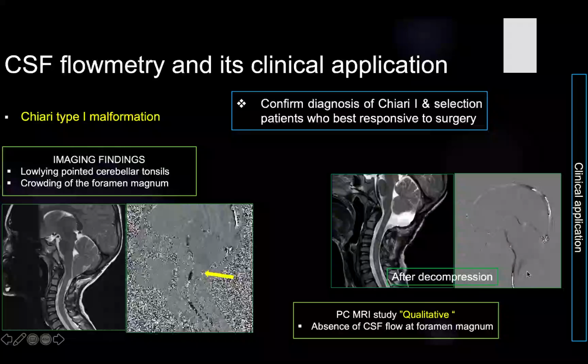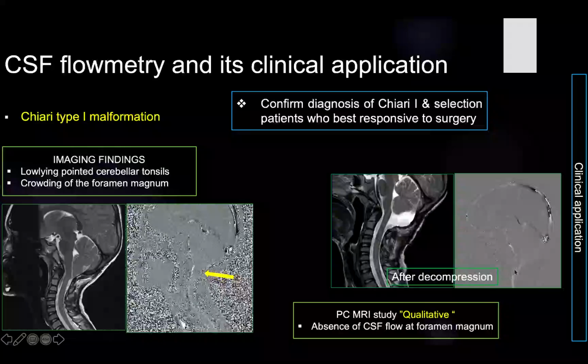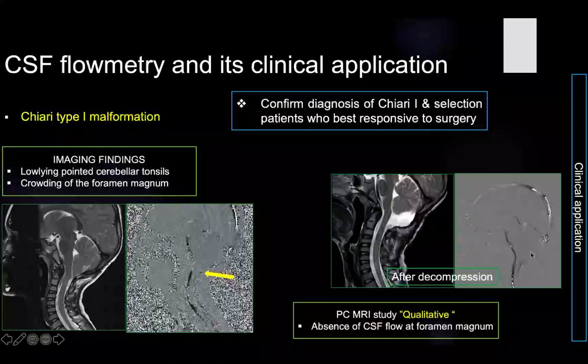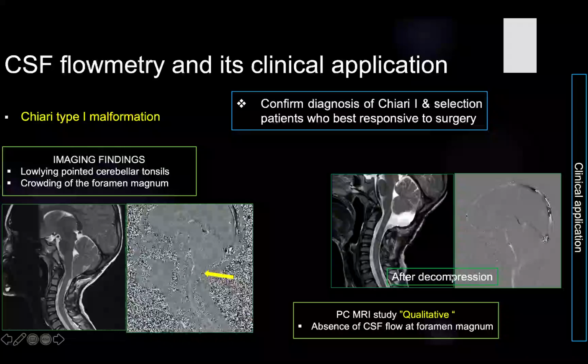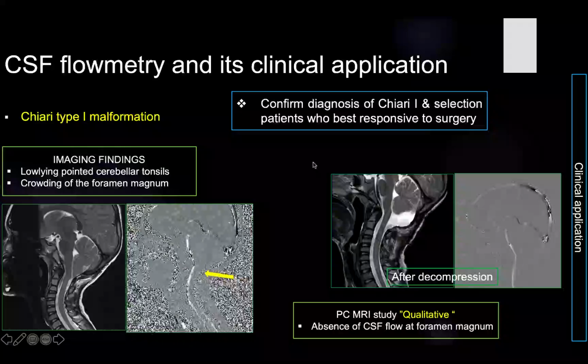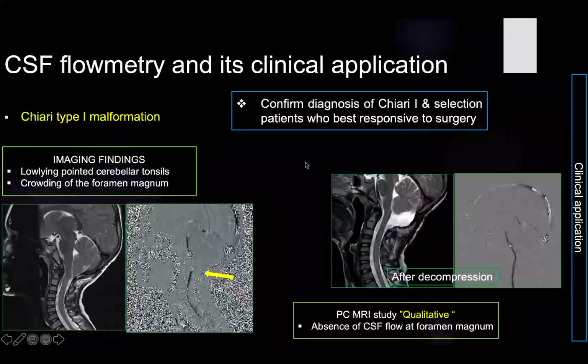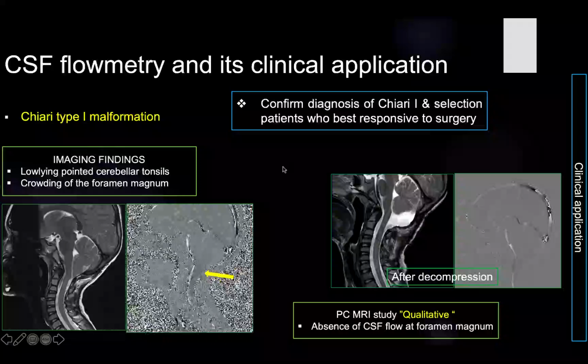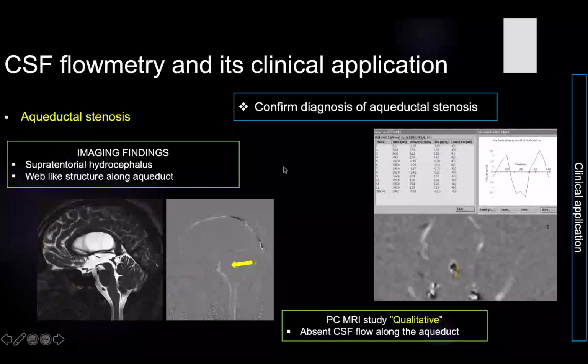We don't measure anything. We just depend upon the motion of the CSF flow along the foramen magnum. So this is the role of CSF flowmetry in Chiari type 1 malformation.